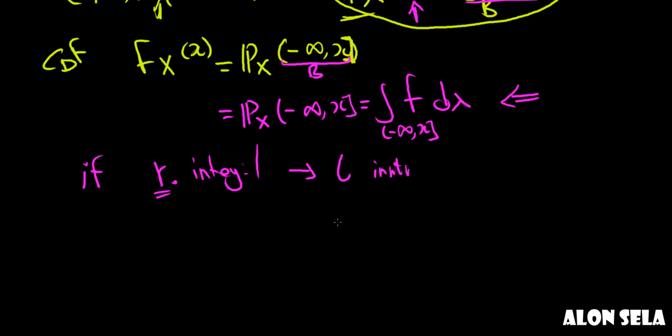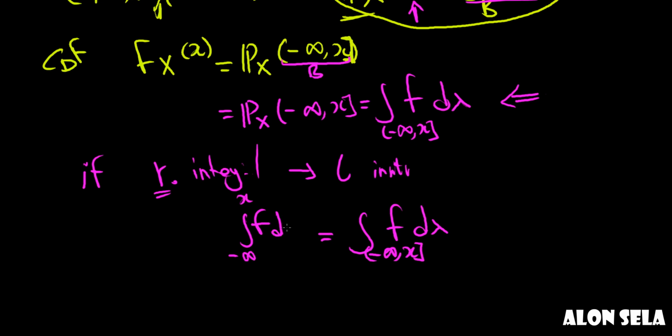So if I have this Lebesgue integral from minus infinity to x, here open, here closed, f d lambda, if the Riemann integral exists, then it should be equal to this Lebesgue integral, and on the same set from minus infinity to x of f, this time instead of dx, let's use du.